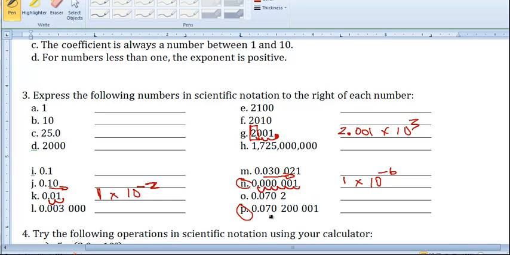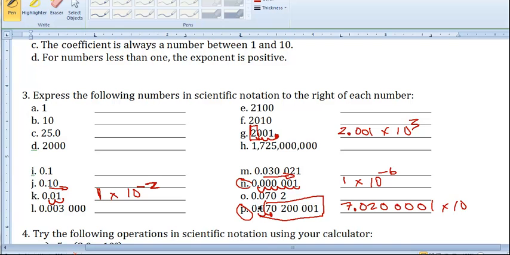For P, I'm going to have to move the decimal to the right 2 places to get a non-zero digit on the left side of the decimal. So now it's going to be 7.02 and then 4 zeros, 1, 2, 3, 4, then 1, times 10.